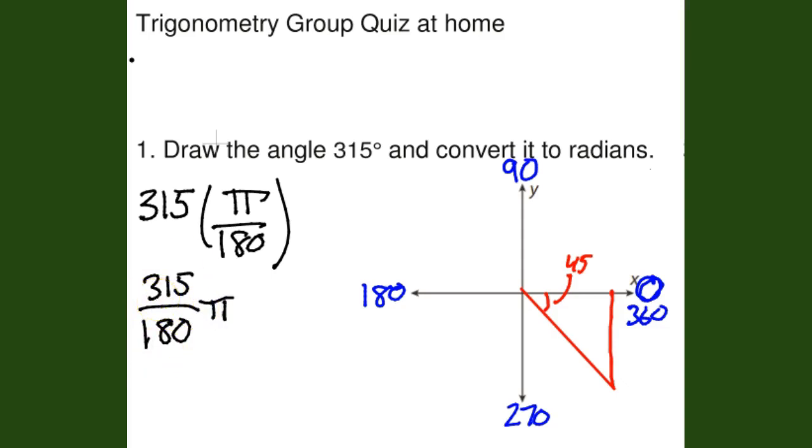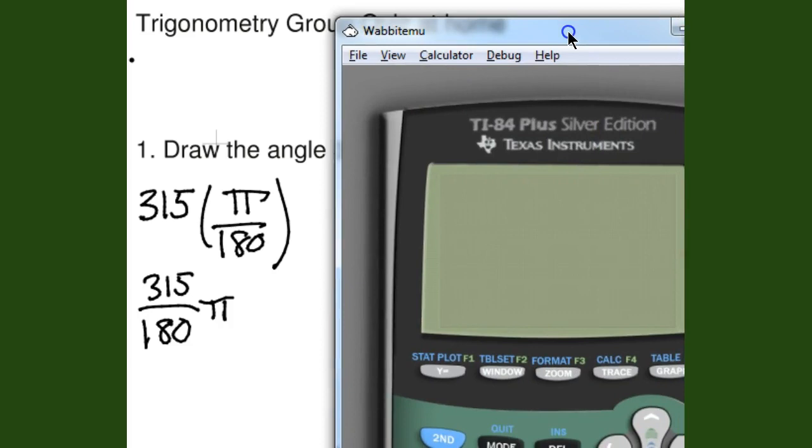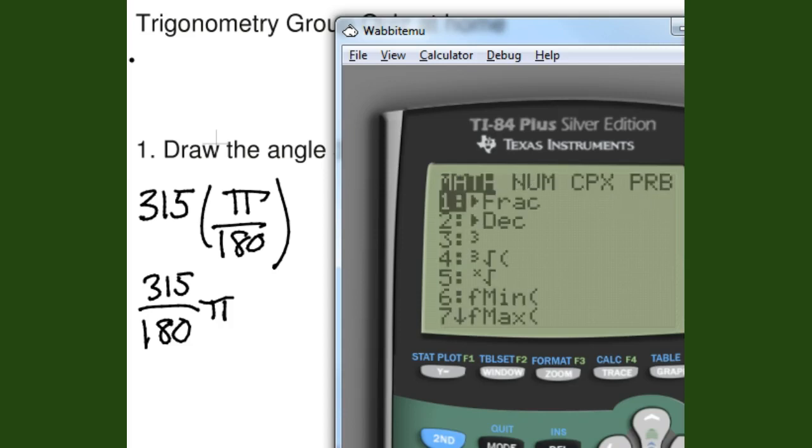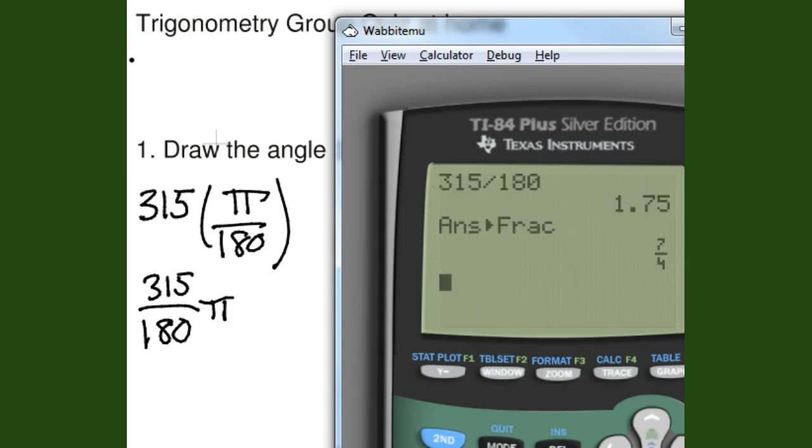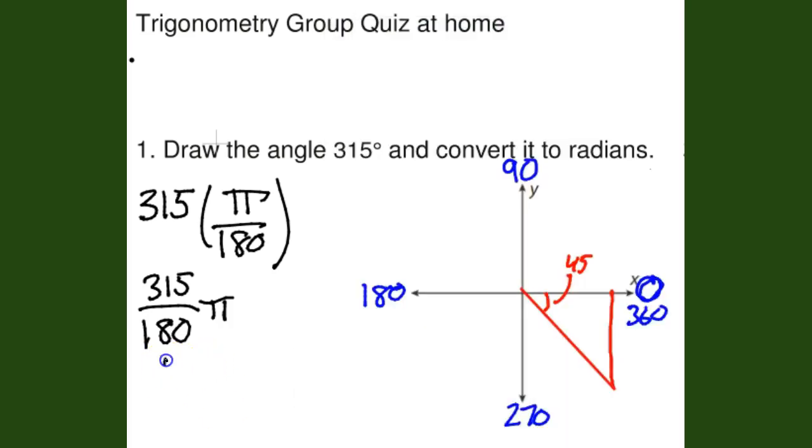So I can pull up my calculator here and do 315 divided by 180, and I'll get 1.75, and convert that to a fraction. And then you have 7/4. So you might already know that's 7/4 pi, and if that's the case, that's fine. Just put the answer. There you go. So 7/4 pi is the same as 315 degrees.